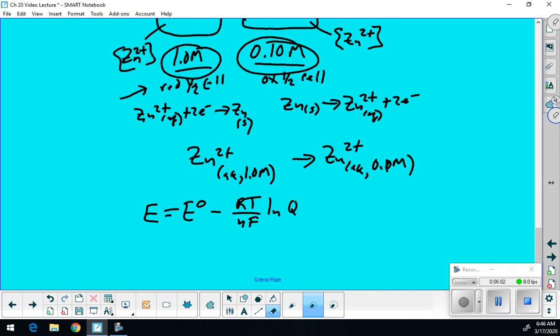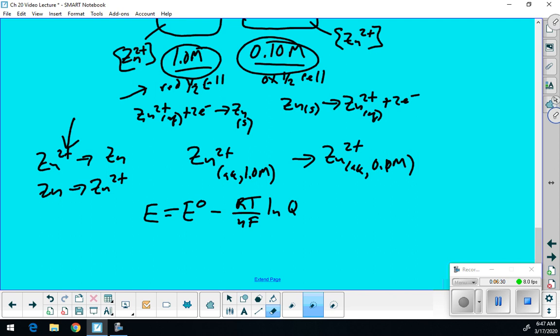What's my E naught? Well, I have zinc 2 plus going to zinc, and I have zinc going to zinc 2 plus, which means what is happening at my cathode? What is happening at my cathode?